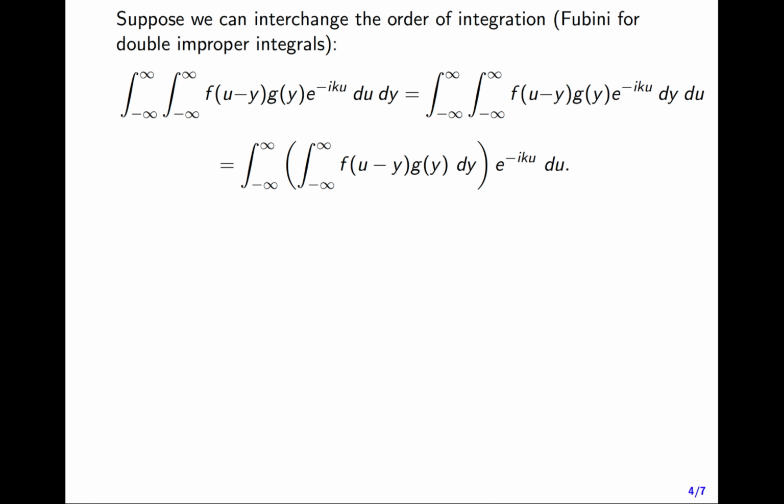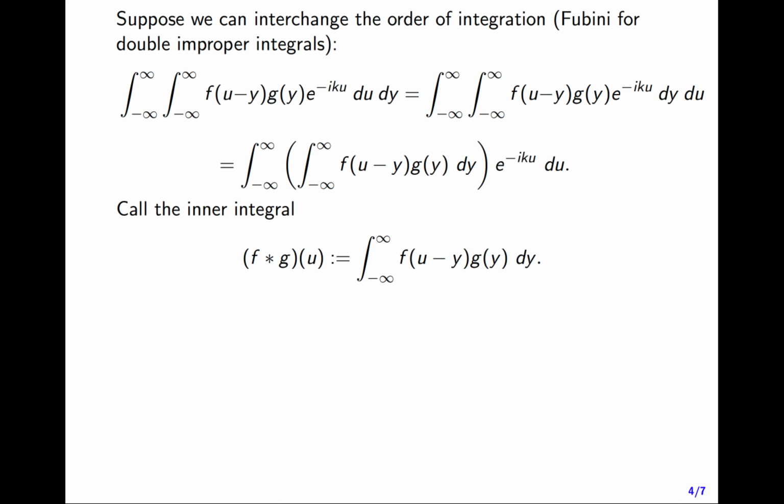So that inner integral is really a function of u. So in the big parentheses, I have a function of u, times e to the minus iku, and I'm integrating with respect to u. This looks an awful lot like a Fourier transform of the function that's inside the big parentheses, up to a factor of root 2 pi somewhere.